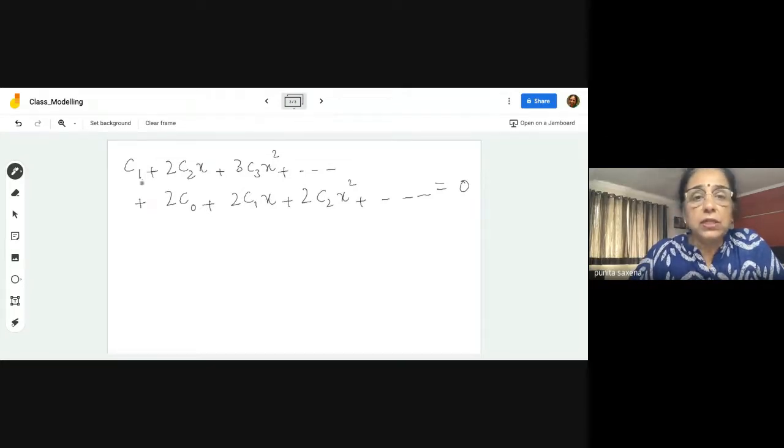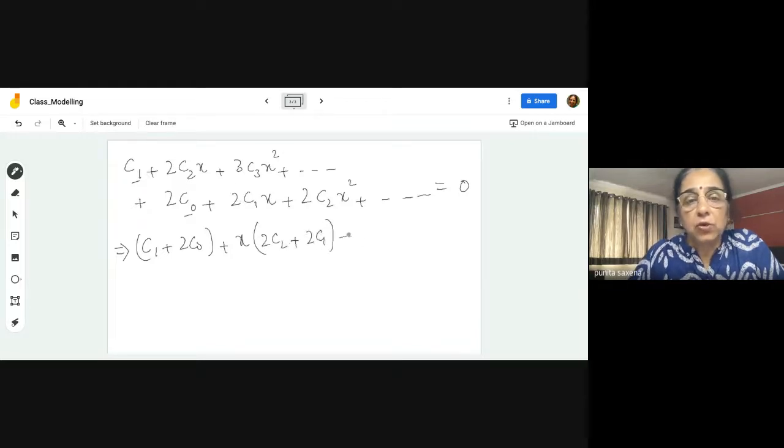Now what we can do is combine similar terms. My constant term is nothing but c1 plus twice c naught. These are my constant terms. Then the term with x is going to be 2c2 plus 2c1, right? The term with x square is going to be 3c3 plus 2c2, and so on and so forth, equal to 0.